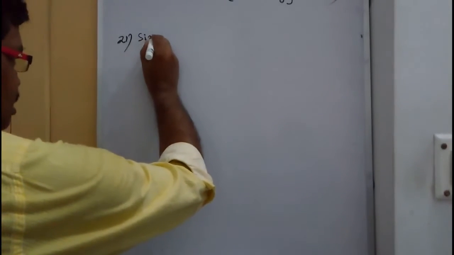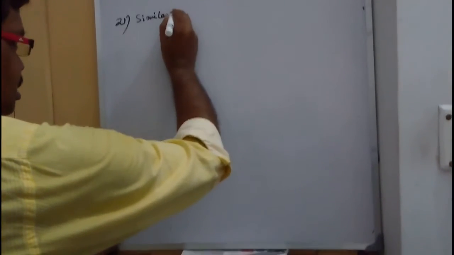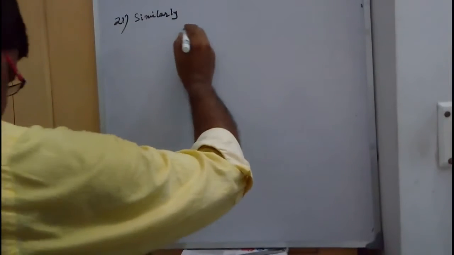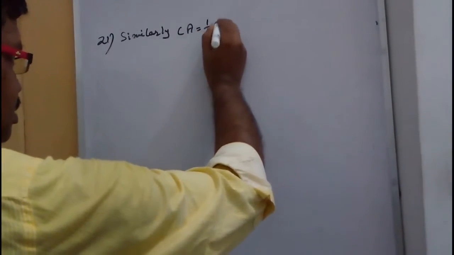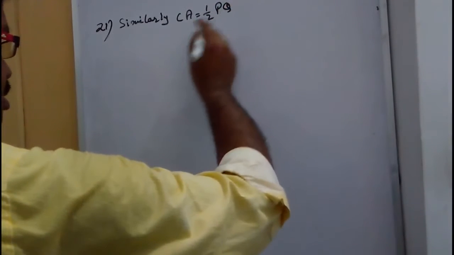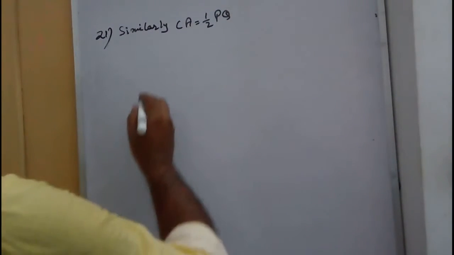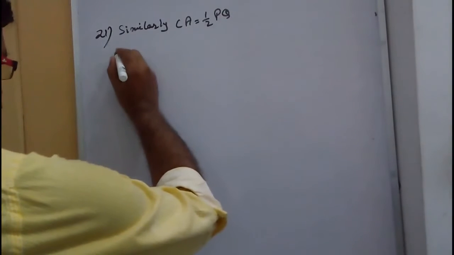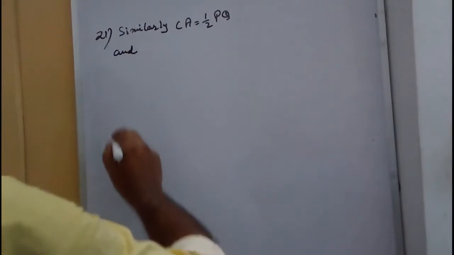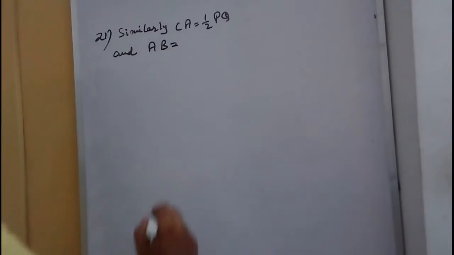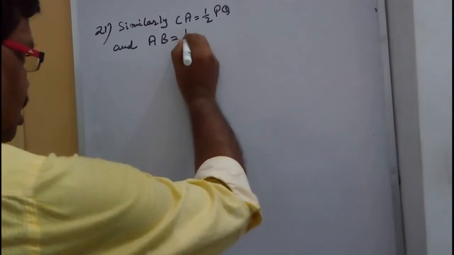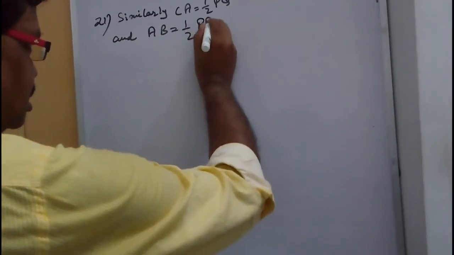Similarly, CA equal to half of PQ, that is also from midpoint theorem, and AB equal to half of PR.